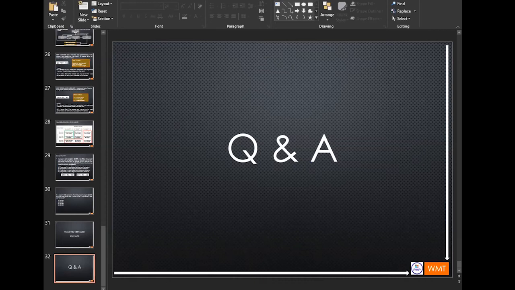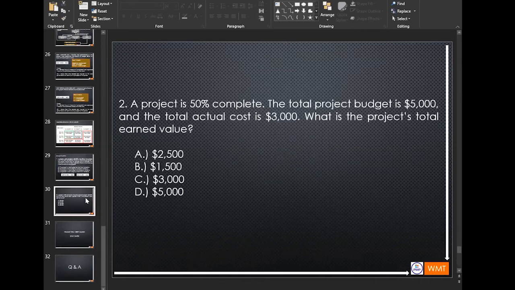Just like now, based dun sa nakita ko kanina, it's tricky siya, in the sense na if 50% yung accomplishment mo na, then ang budget mo 5,000, then may total actual cost ka na 3,000. Siyempre, there are some trick questions that we have to make sure na maintindihan natin before we answer.